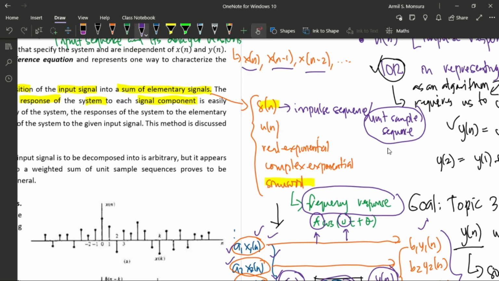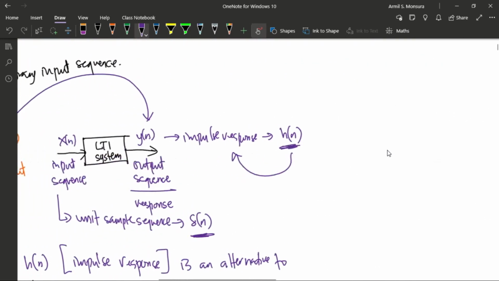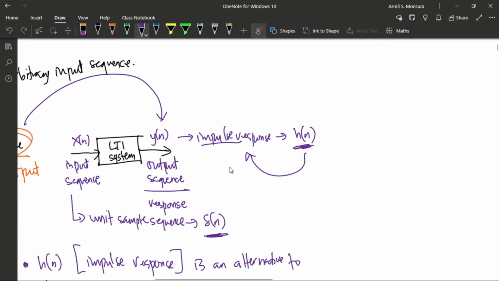And again, ano yung h of n? h of n is the impulse response, or the response of the system to the input impulse signal. So medyo magkaka-idea kayo ngayon dito na ganito yung mangyayari.